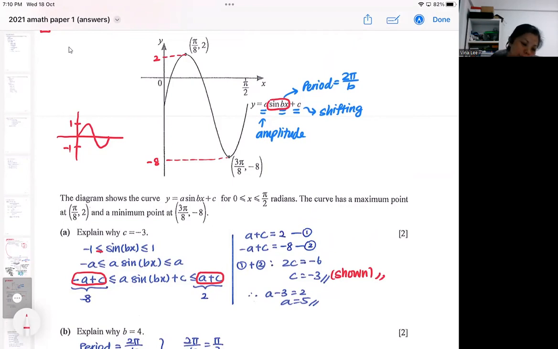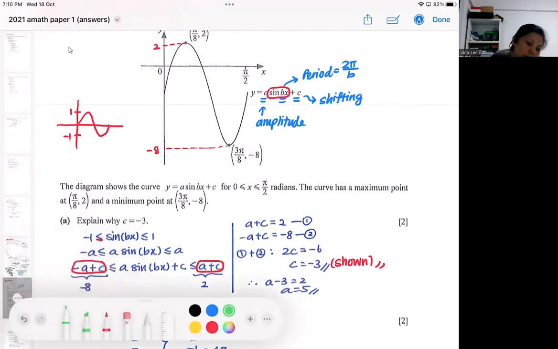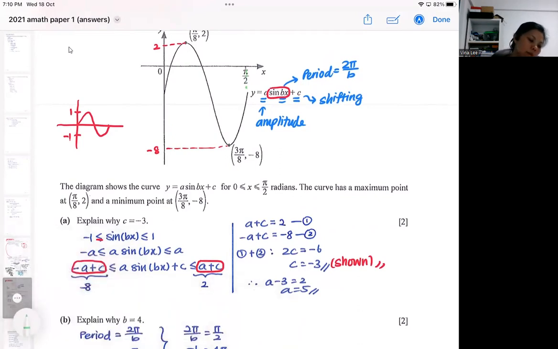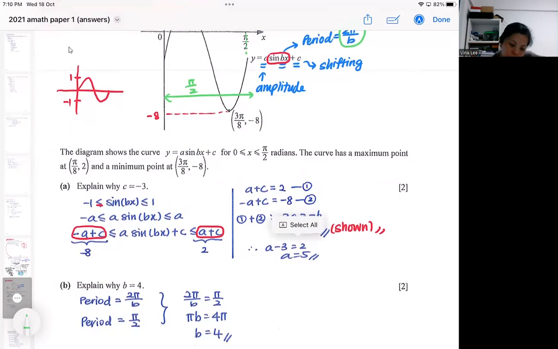Then, to explain why B is equal to 4, you will need to be able to tell that this is a period, so this is a cycle. The whole cycle took up pi over 2. If you have applied this formula, it will be pi over 2. So this is from the formula, and the period that I got is from the diagram.